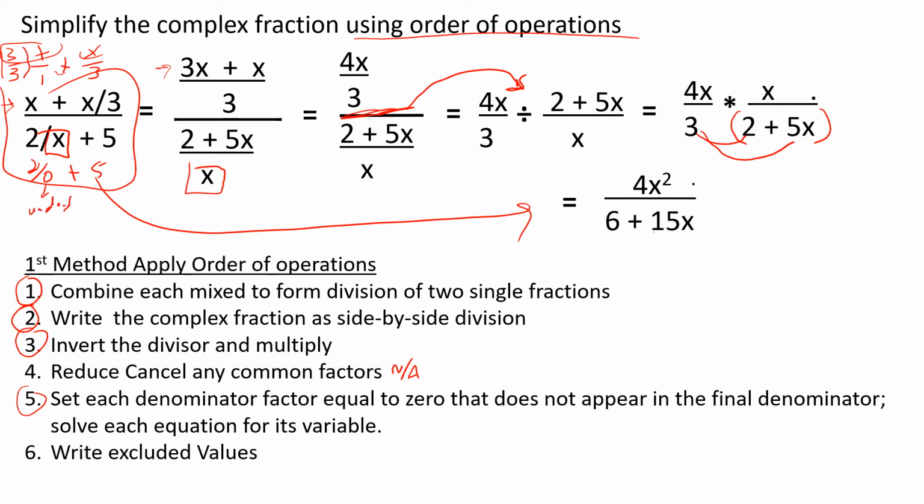So that's why they're concerned with the original equation. In the original equation, x was not included, so you have to say that x cannot be 0. You do have to write those excluded values where x cannot be 0. And you're really only concerned with that original equation.